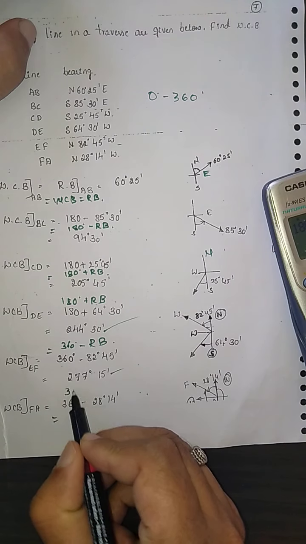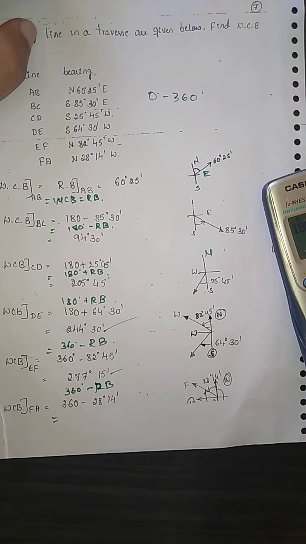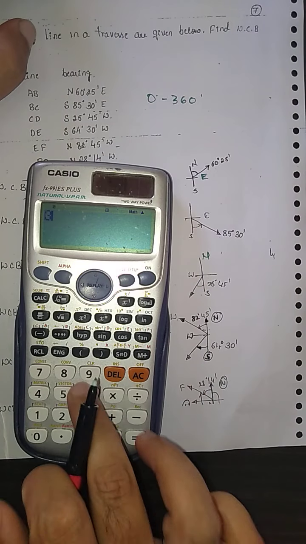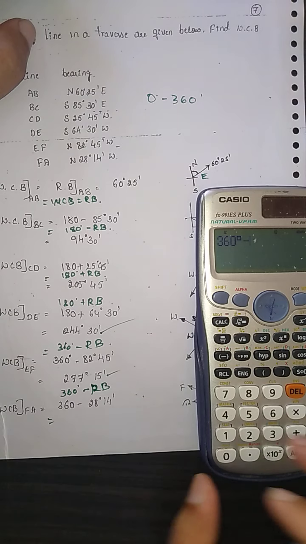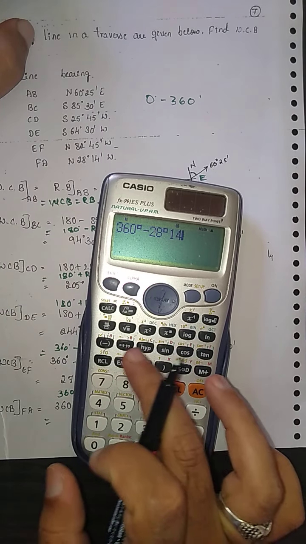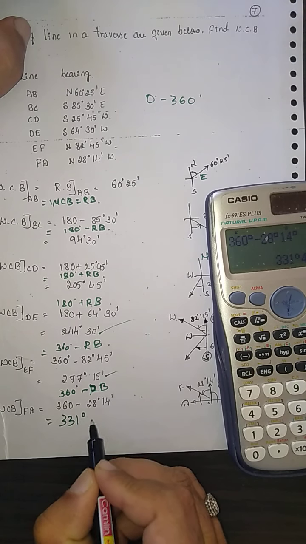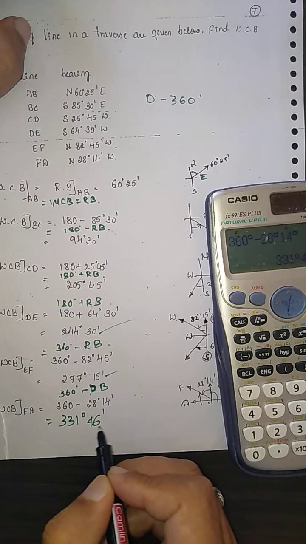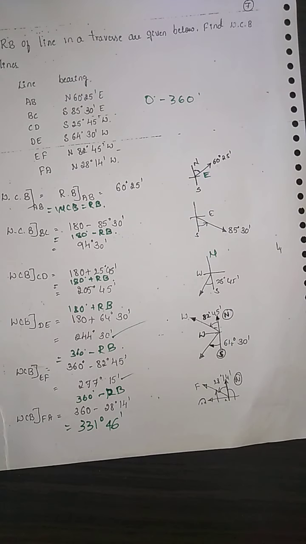Again 360 degree minus RB, since RB is in the fourth quadrant. So 360 degrees minus 28 degree 14 minutes gives 331 degree 46 minutes.